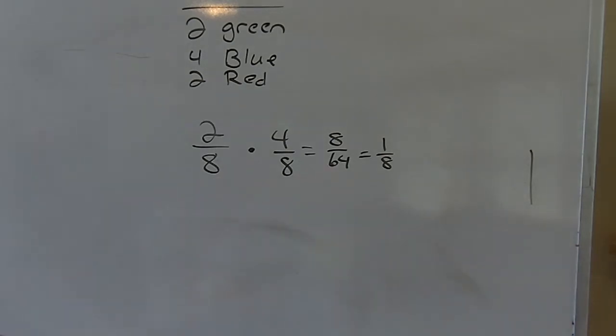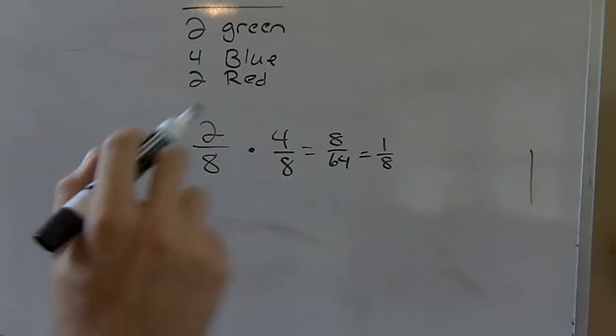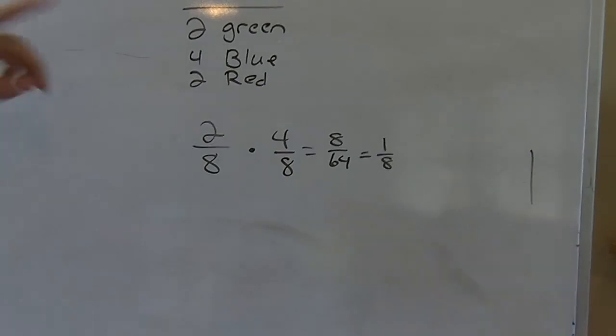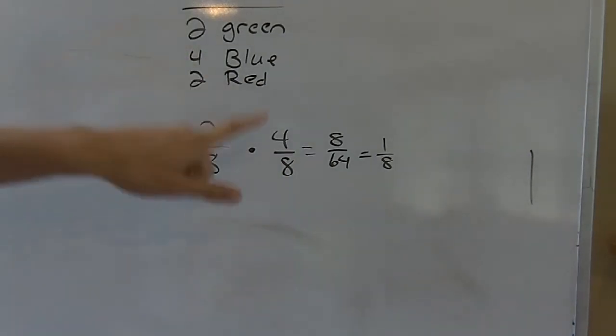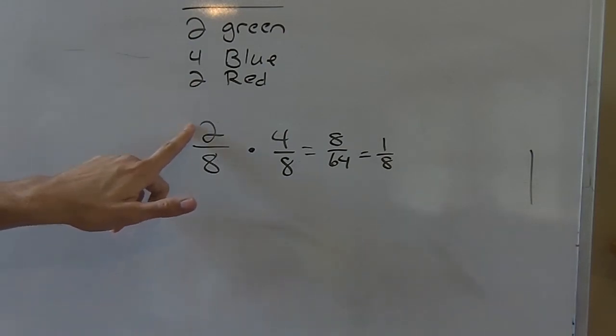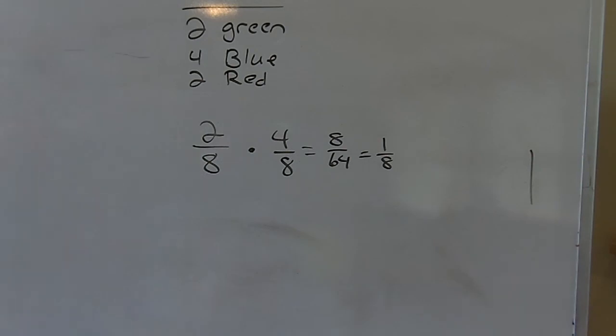Now, out of those 64 outcomes, I want to know how many of them are favorable. How many of them will result in me pulling a green marble and a blue marble? Well, that's where the 2 times 4 comes in. My first pull could be green marble 1. And then I could pull any of the following 4 blue marbles. So there's 4 possible outcomes there. Green marble 1 with any of the 4 blues. Green marble 2 with any of the 4 blues. There's your other 4.